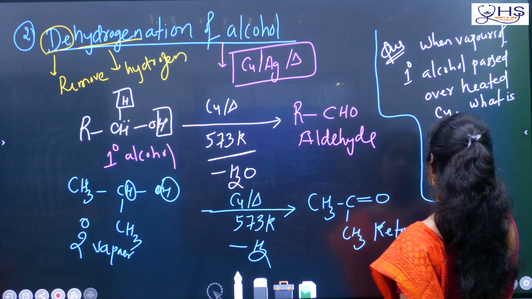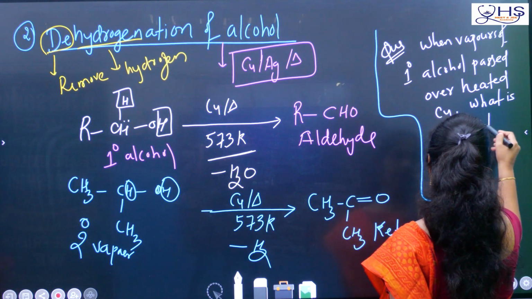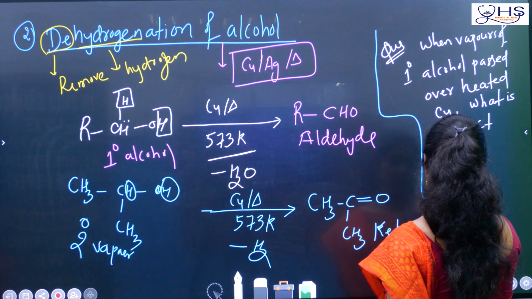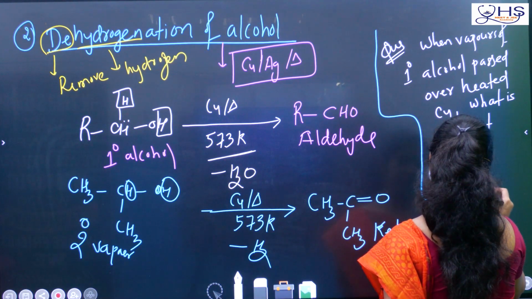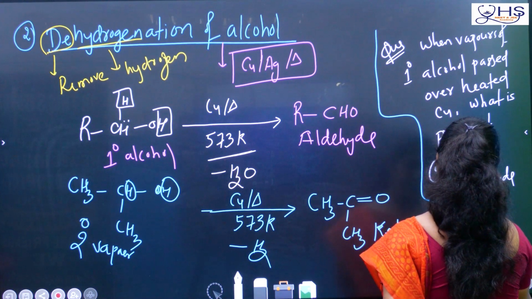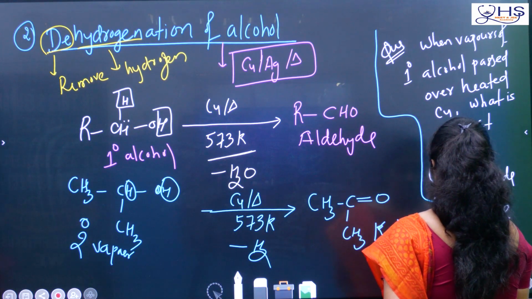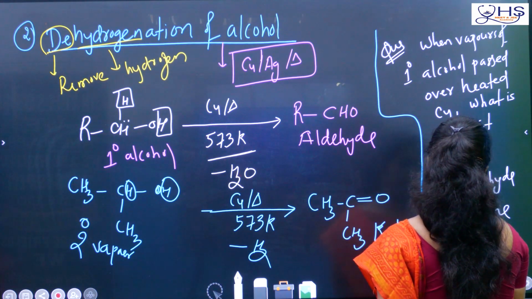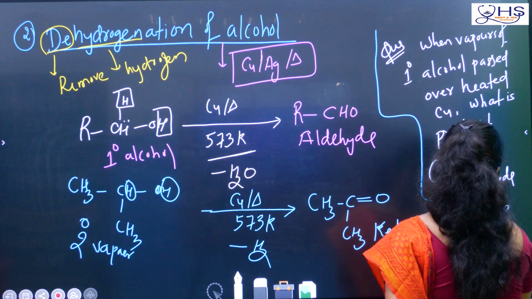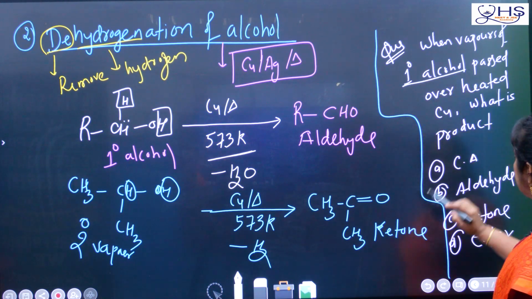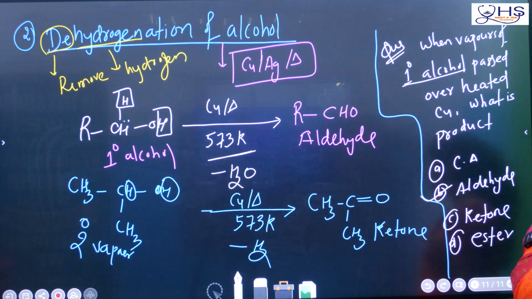MCQs form also they can give you: A carboxylic acid, B aldehyde, C ketone. Now in the board exam also they are asking MCQs, assertion and reason and everything. D, you have something, I can say ester. Okay, so what is the answer over here? Primary alcohol means it will give you aldehyde. Like this they can ask you.